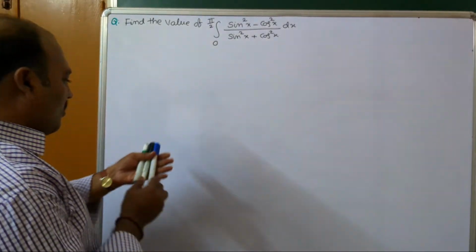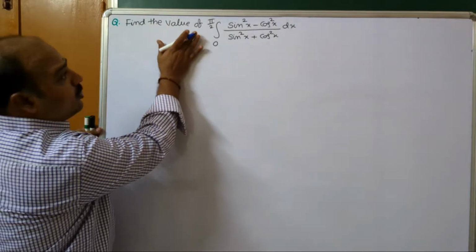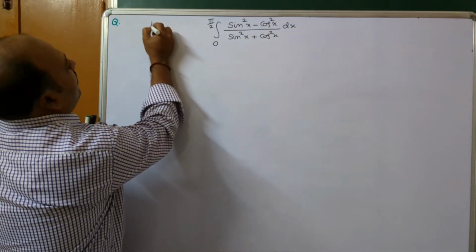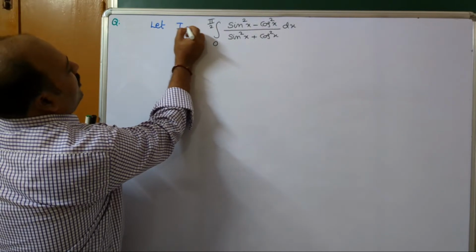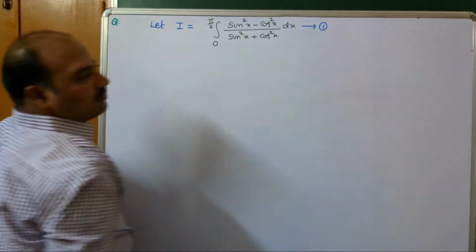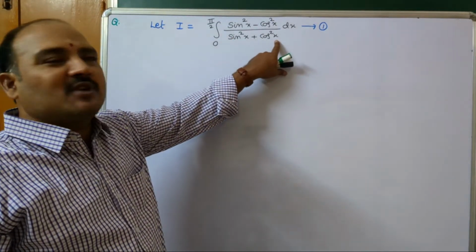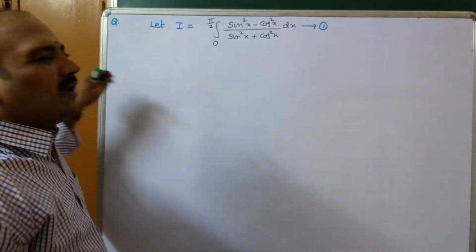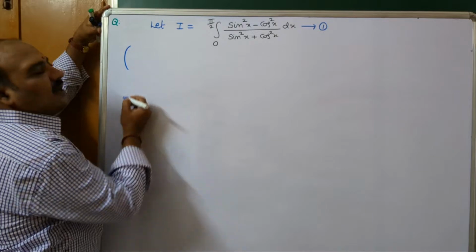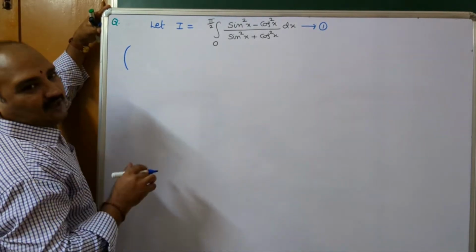In the previous problem, whatever method we followed, same thing. First, what we have to do, let the given value be equal to I. Keep it as equation number 1. Sometimes somebody will say sin square x plus cos square x value is 1, like this also we can do, but the intention of giving this problem is that the student has to learn the property.